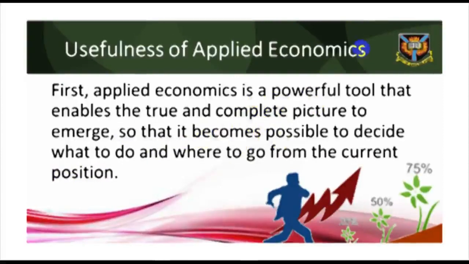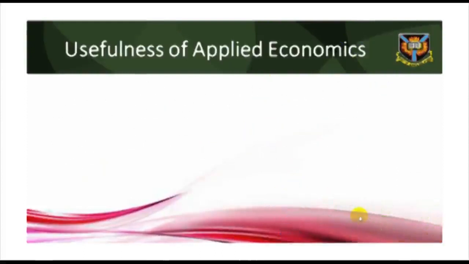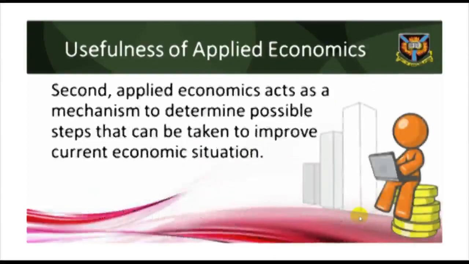Second, applied economics acts as a mechanism to determine possible steps that can be taken to improve the current economic situation. Each element that is relevant to the contemporary mode of operation of the entity, including the purchase and sales of goods and services, the usage of raw materials, and the division of labor within the entity, comes into play.